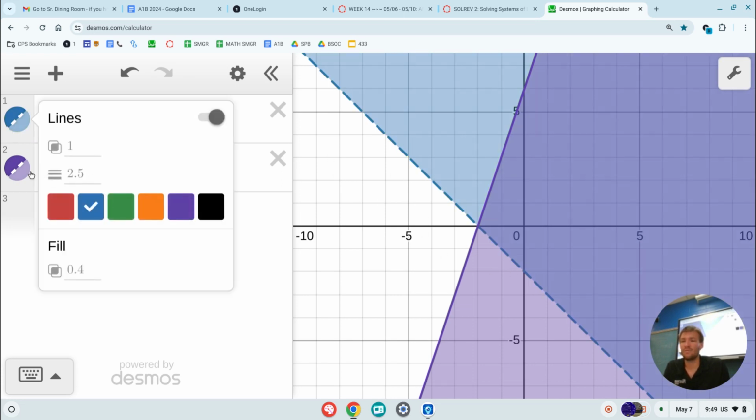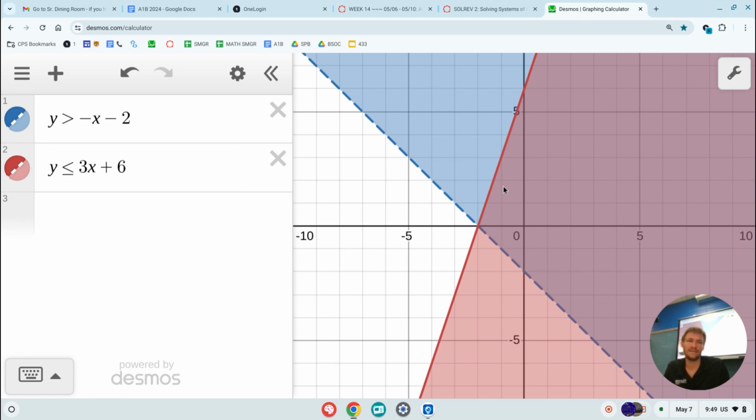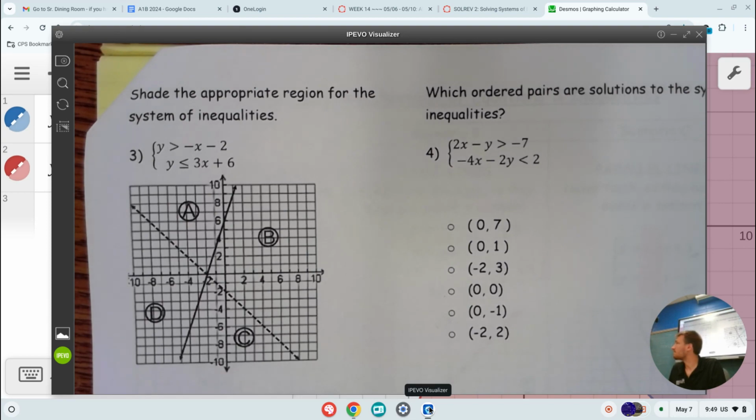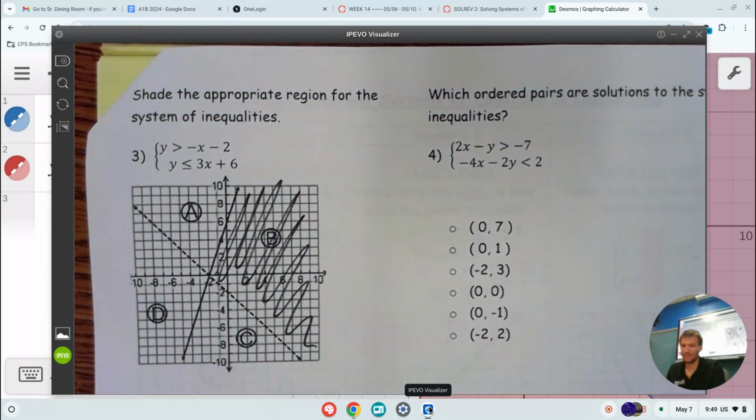If you like the red and blue setup so that it makes kind of a purpley color, not really, but blue, red, and here is the double shaded region.